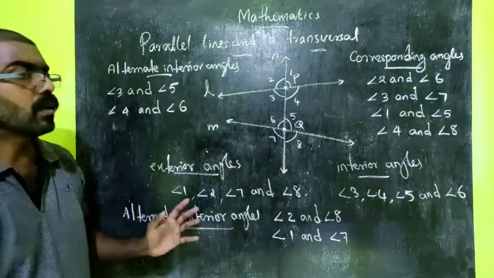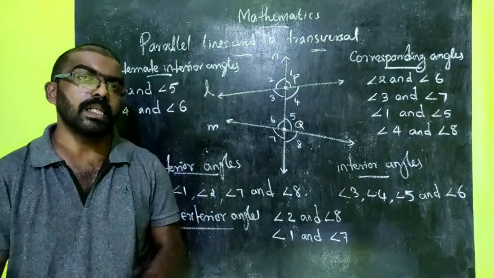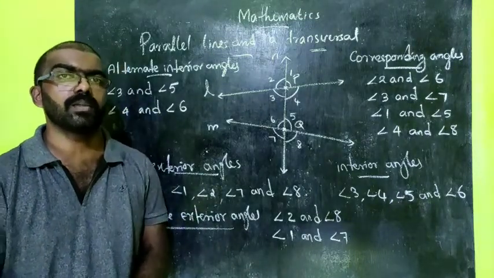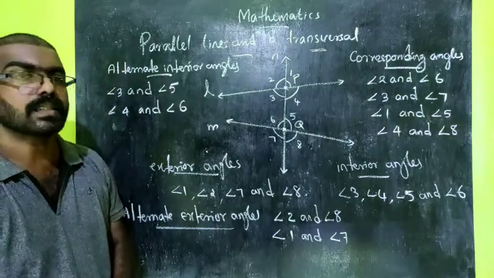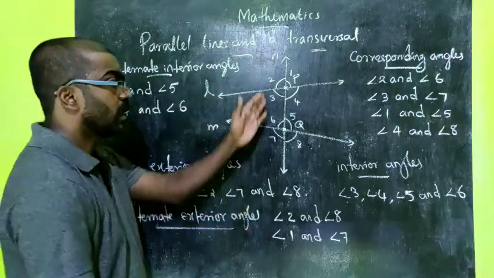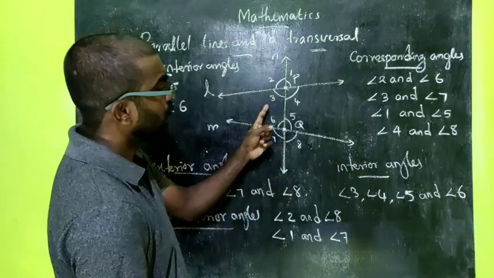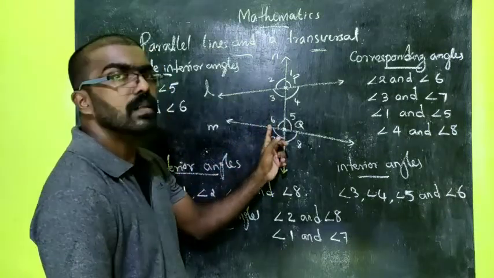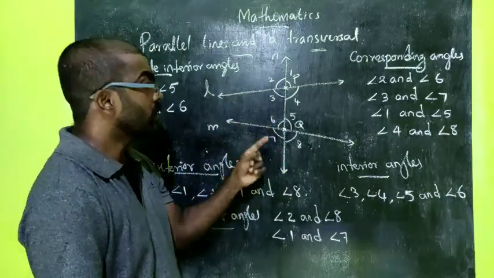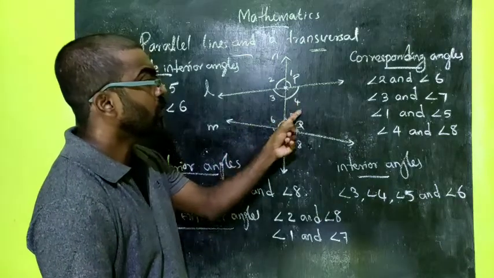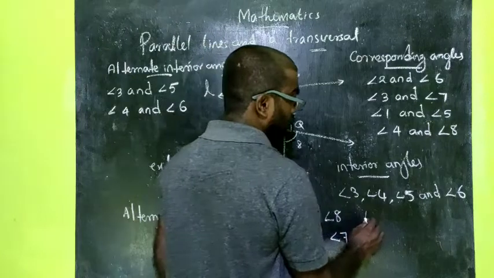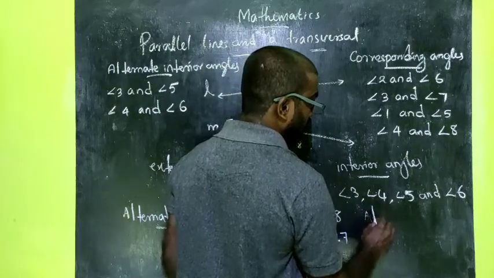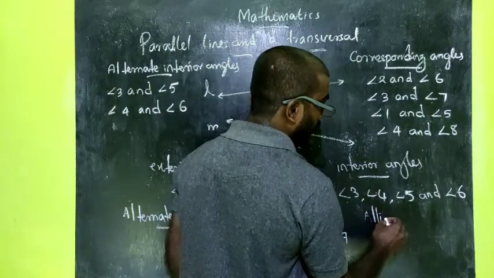Okay. Now the next type of angles is interior angles on the same side of the transversal. Here N is the transversal and the interior angles are 3, 4, 5, 6. On the same side of the transversal, that is 3 and 6, 4 and 5. They are also called allied angles, co-interior angles, consecutive interior angles.